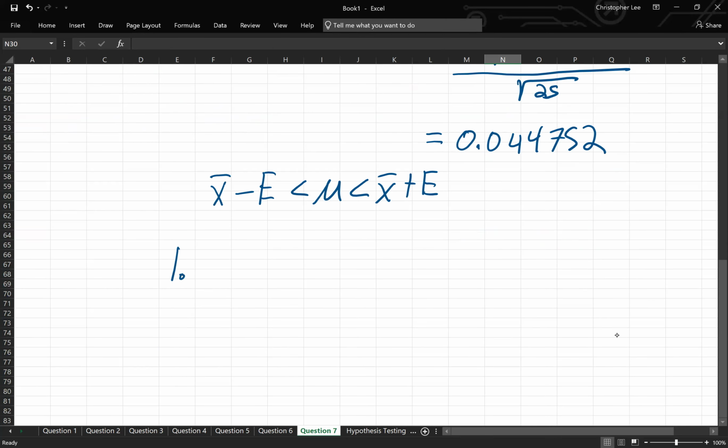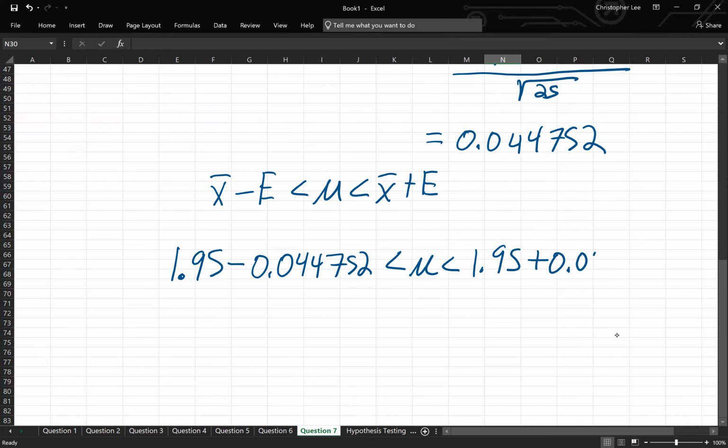So I have 1.95 minus the error, which is 0.044752, less than mu, less than 1.95 plus the 0.044752. And that's it. Somebody do the math for me real quick.